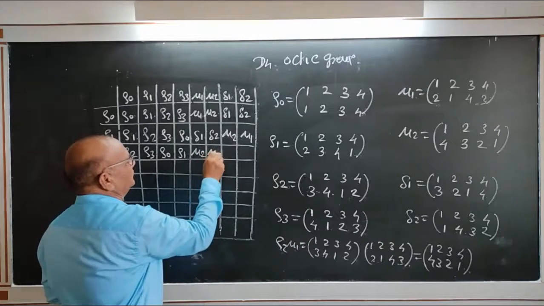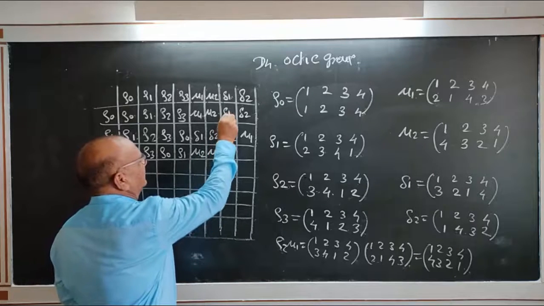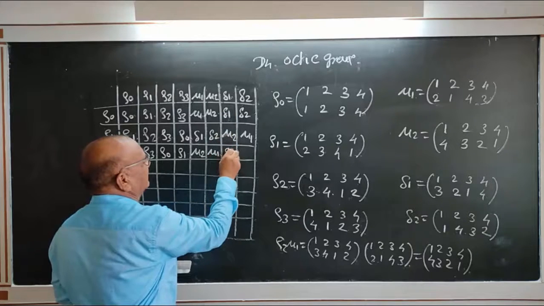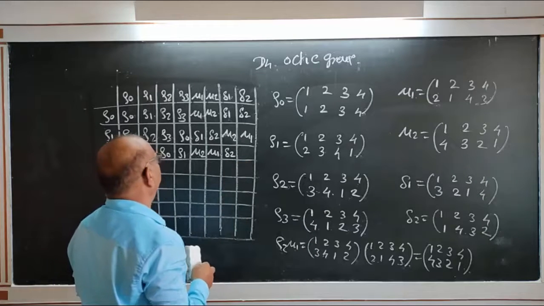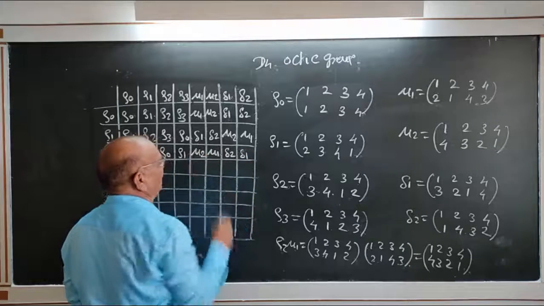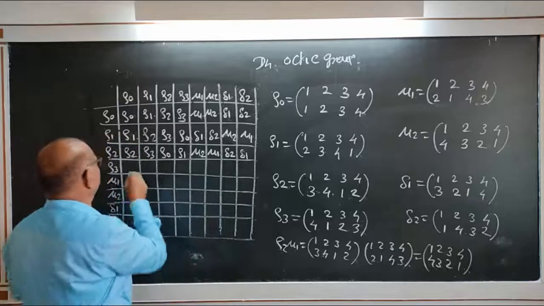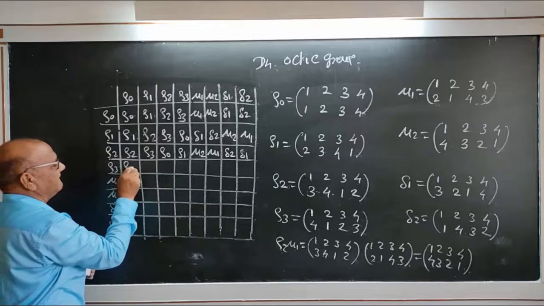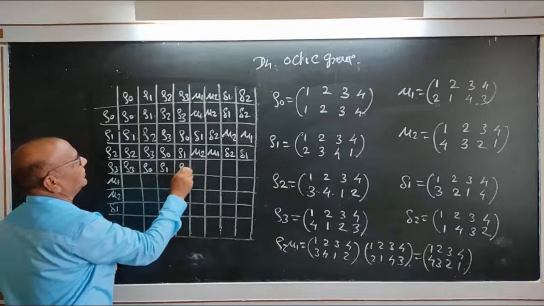Then this is mu 1. Now here in this, delta 2 and delta 1. Okay. Now here row 3 into row 0, row 3, row 0, row 1, row 2.